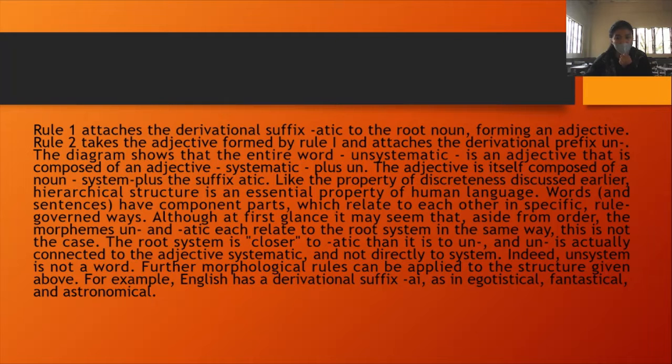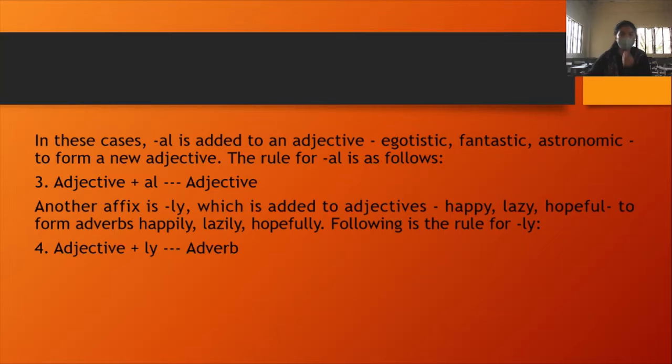Further, morphological rules can be applied to the structure given above. For example, English has a derivational suffix al, as in egotistical, fantastical, and astronomical. In these cases, al is added to an adjective, egotistic, fantastic, astronomic, to form a new adjective.